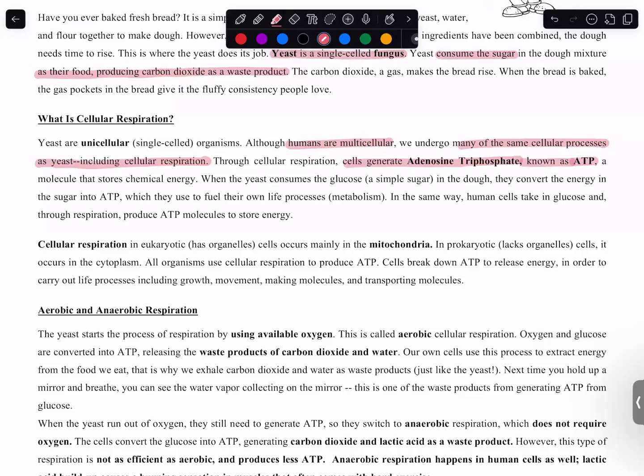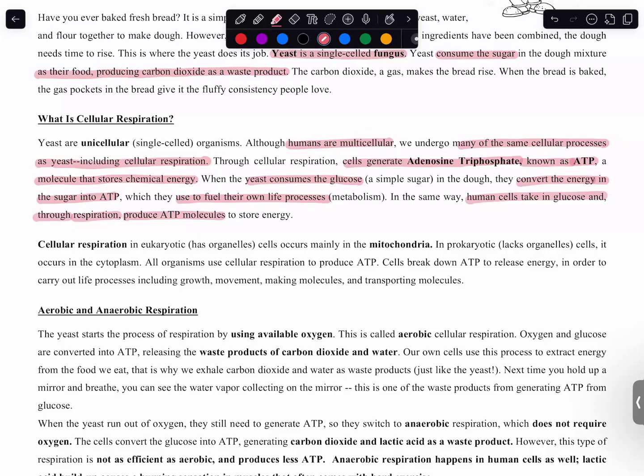You don't have to know that it's called adenosine triphosphate, but you do need to know the abbreviation of ATP, which is a molecule that stores chemical energy. When the yeast consumes the glucose in the dough, they convert the energy in the sugar into ATP, which they use to fuel their own life processes. This is known as metabolism. In the same way, human cells take in glucose and through respiration, produce ATP molecules to store energy.